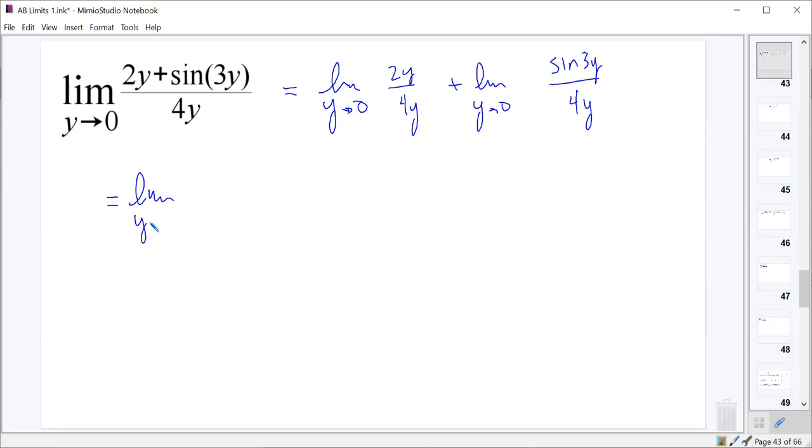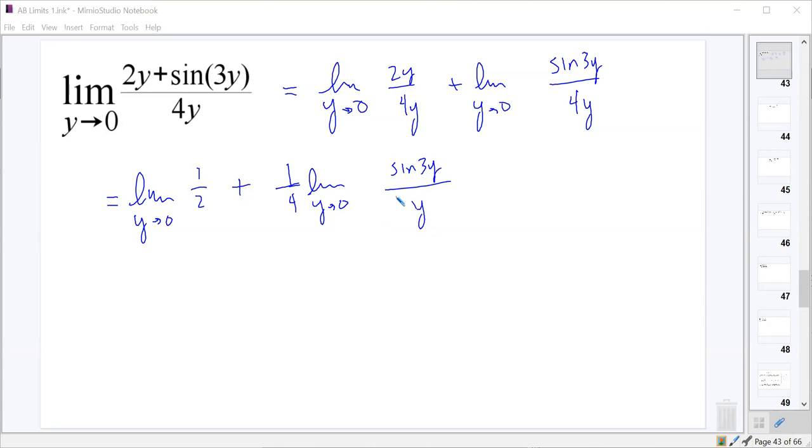So that ought to become the limit as y approaches 0 of 2/4 or a half. And then what should I pull out of this second one? Oh, 1/4. 1/4 of the limit as y approaches 0 of sine of 3y over y. And how am I going to deal with this second limit here? What do I need to do?